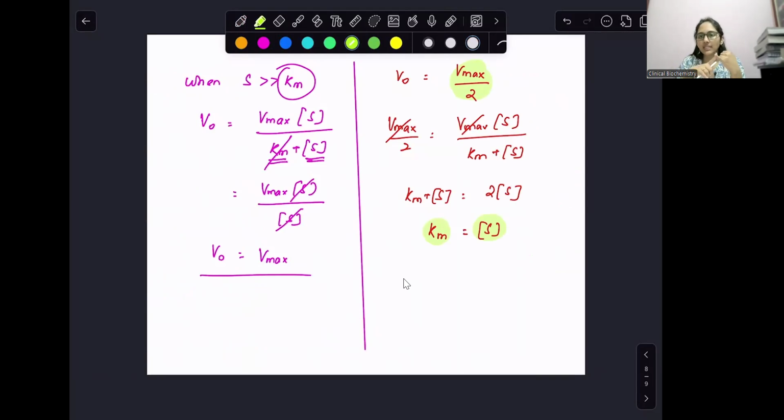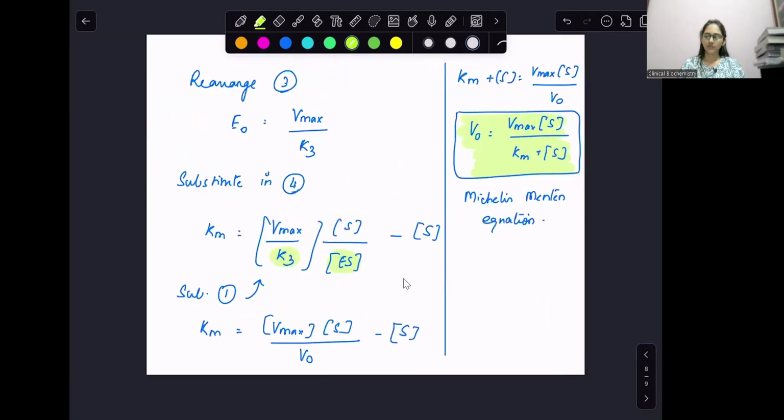So Vmax is the maximal velocity attained when the free enzyme concentration is 0, okay, when free enzyme concentration is 0 and substrate concentration is very high. What is Km? Km is the substrate concentration at half maximal velocity. So this is what you have to understand.